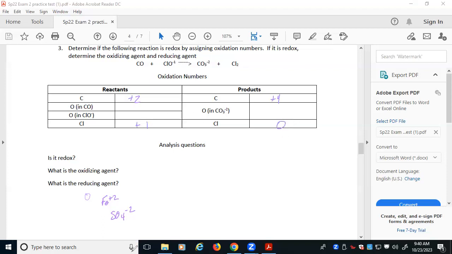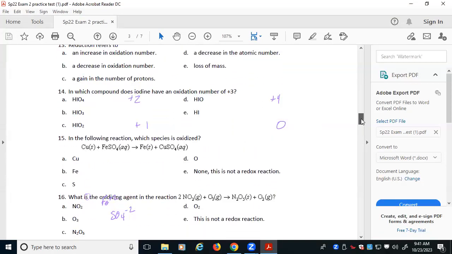Anytime we see changes in oxidation number, that tells us that it's redox. Going back to the problem that I was just looking at, number 15 in the multiple choice, we're told that it's redox. And here's a little trick that can really help you.